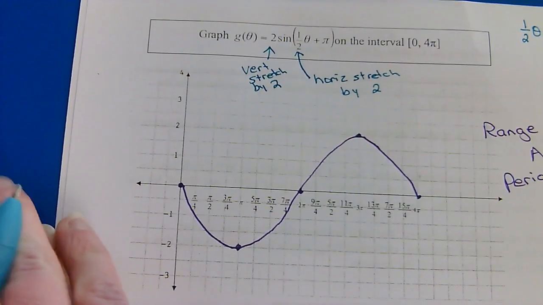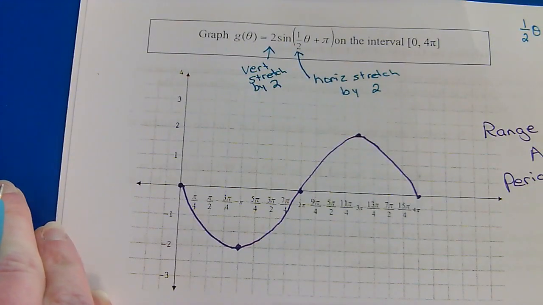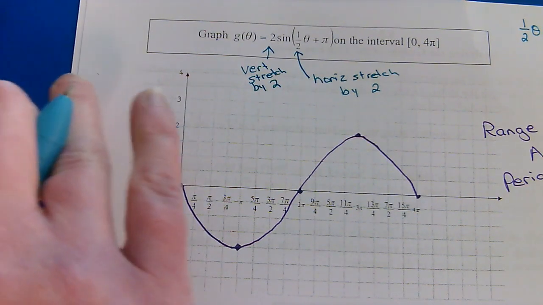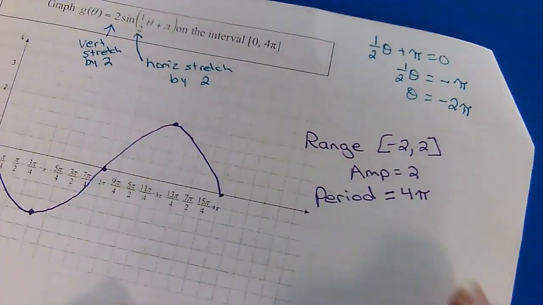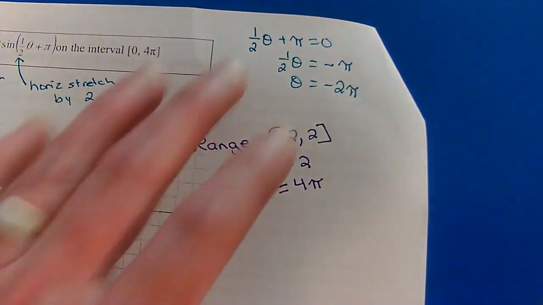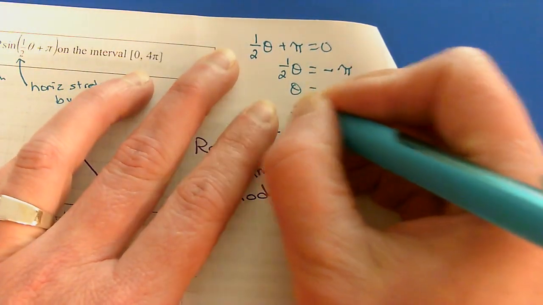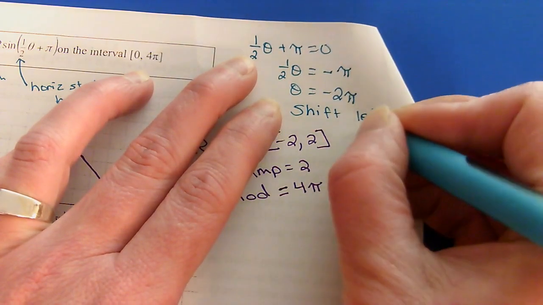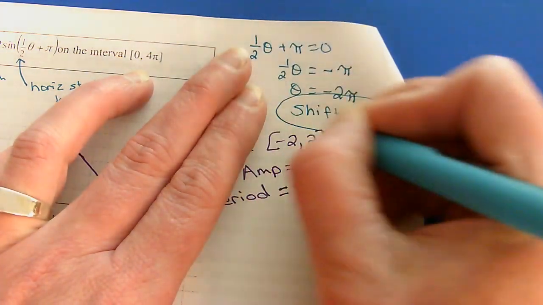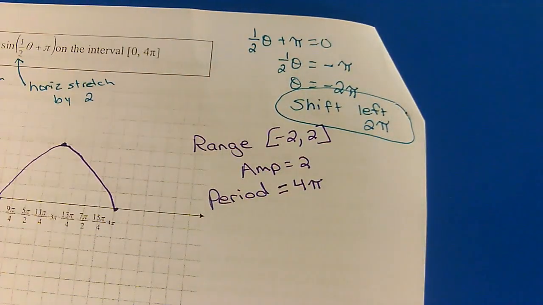So that means way over here at -2 pi is where the first 0 starts. And then it would have gone up and then down. So technically what has happened here is a shift left 2 pi. So that's the neat way to be able to figure out if I have this shifting, phase shifting, if you will. The graph was shifted a little bit.